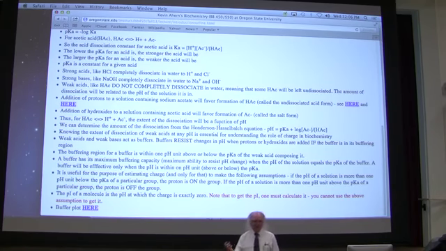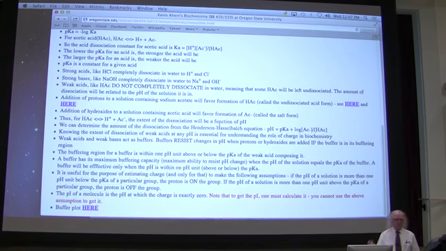They have the ability to do both. And because of that, weak acids help resist changes in proton concentration in a solution. I'm going to repeat that. That's a very important point. Weak acids have the ability to resist the change in proton concentration in a solution.